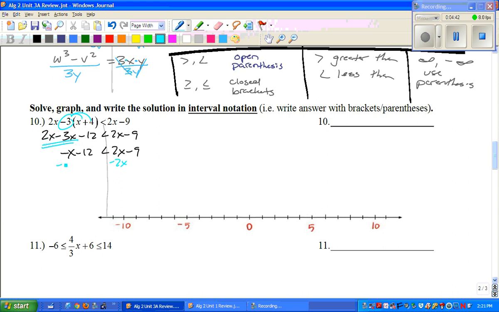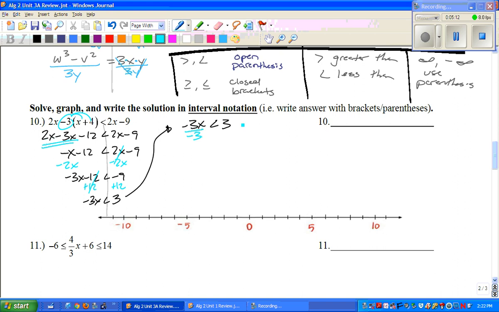Move your variable to the left side. You get negative 3x minus 12 is less than negative 9. Add the 12 to both sides. Negative 3x is less than 3. So I'm just going to start over here. I'm going to write the same thing.